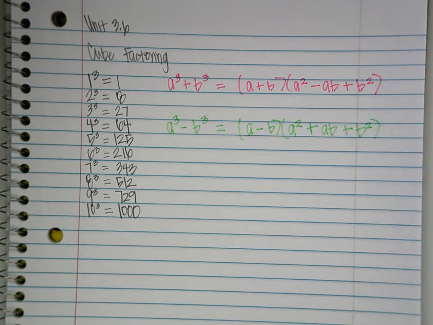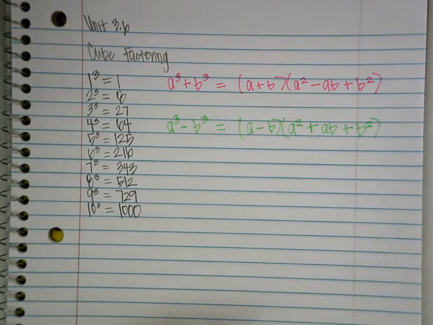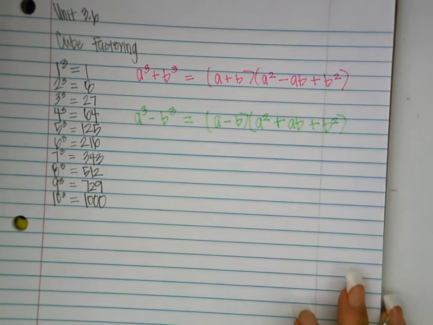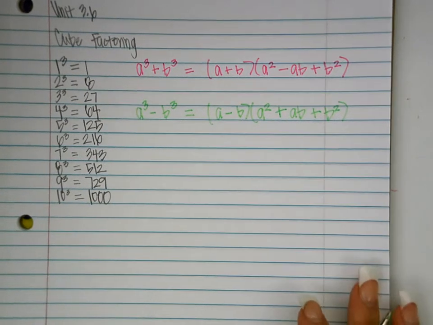Now, I understand that just dealing with A's and B's is a little bit challenging, and I'm also going to give you an acronym that's going to help you with this type of factoring. The acronym is just SOAP, S-O-A-P. A lot of times instead of calling this cube factoring, we call it SOAP factoring. The reason is SOAP stands for the signs that go in your parentheses.